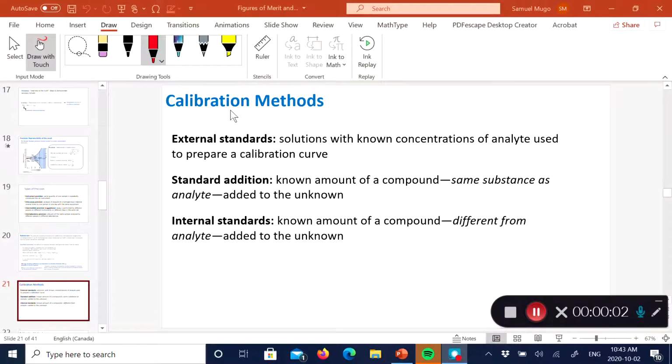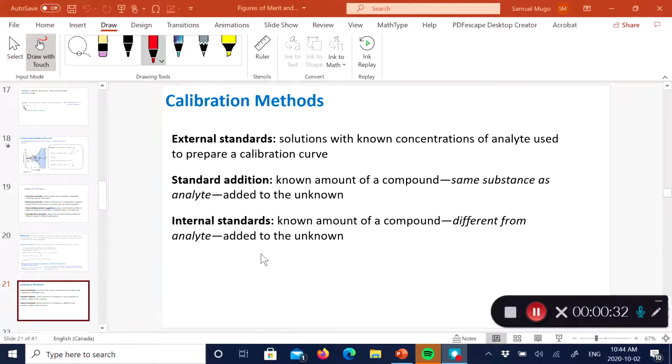Today we're gonna talk about the calibration methods, and I've mentioned this quite a bit before. Now remember, there are three types of calibration methods. There's what you refer to as the external calibration method, what you call the standard addition calibration method, and the internal standard calibration method.